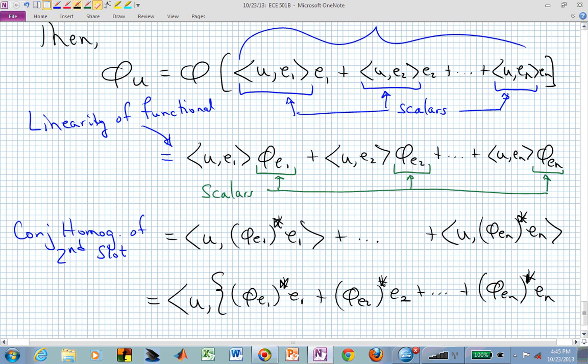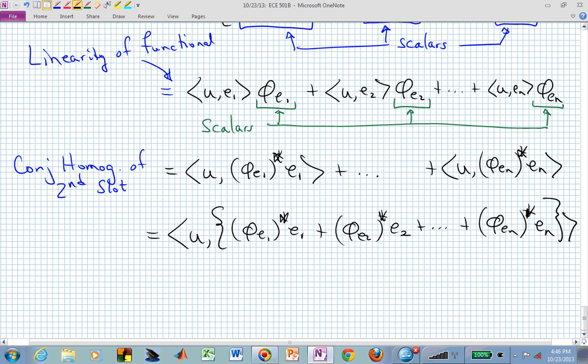I put in a curly brace, so I guess I have to close that before I close up my inner product. This line is just the additivity property of the second slot.